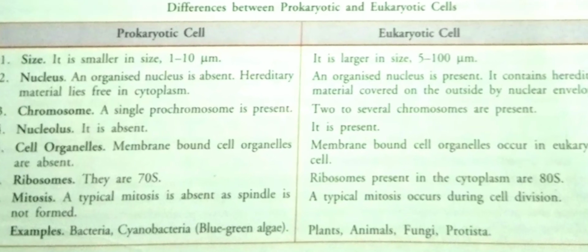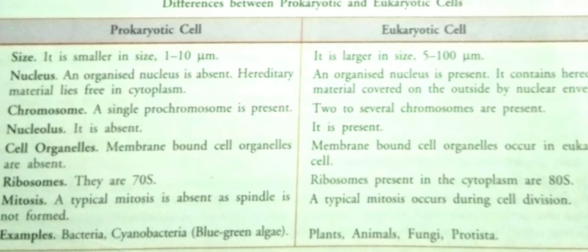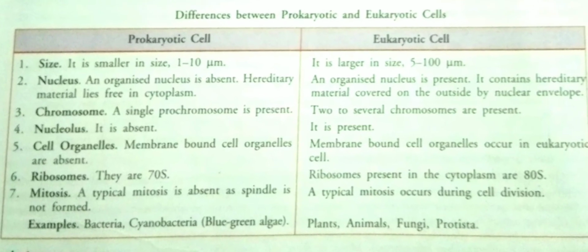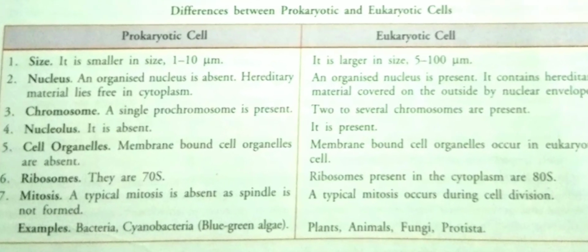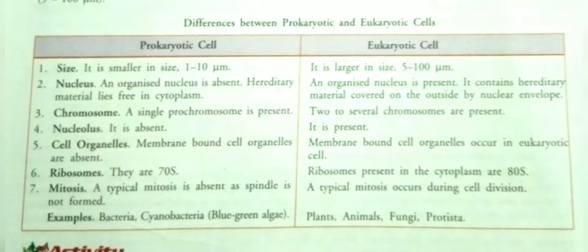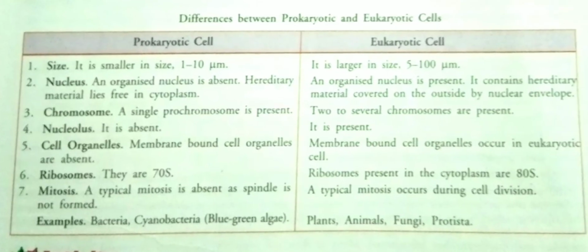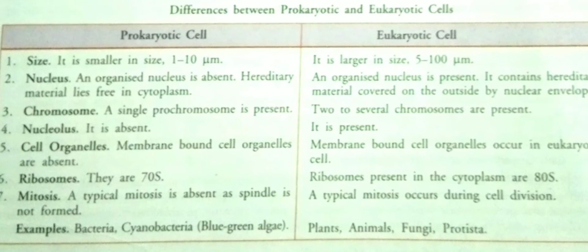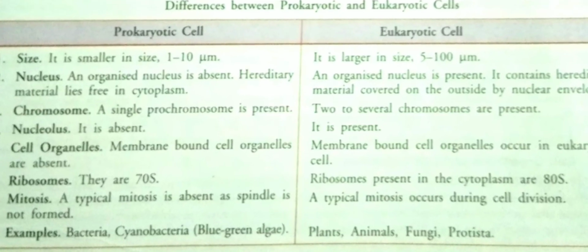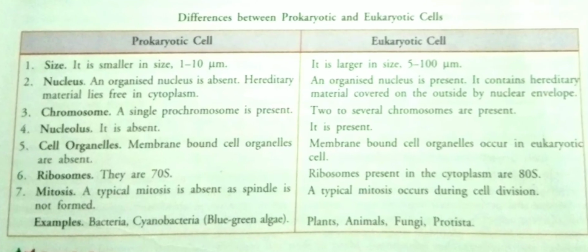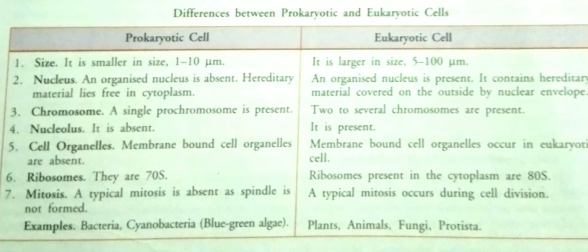Ribosomes also: there are 70S in prokaryotic cells, but in the case of eukaryotic cells, ribosomes present in the cytoplasm are 80S. Right? Atypical mitosis is absent as spindle is not formed in prokaryotic cells, but typical mitosis occurs during cell division in eukaryotic cells. Examples of prokaryotic cells: bacteria and cyanobacteria, that is blue-green algae.